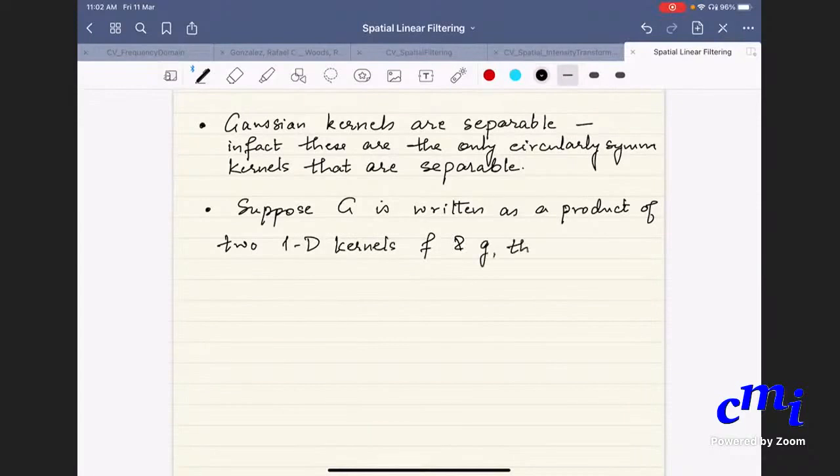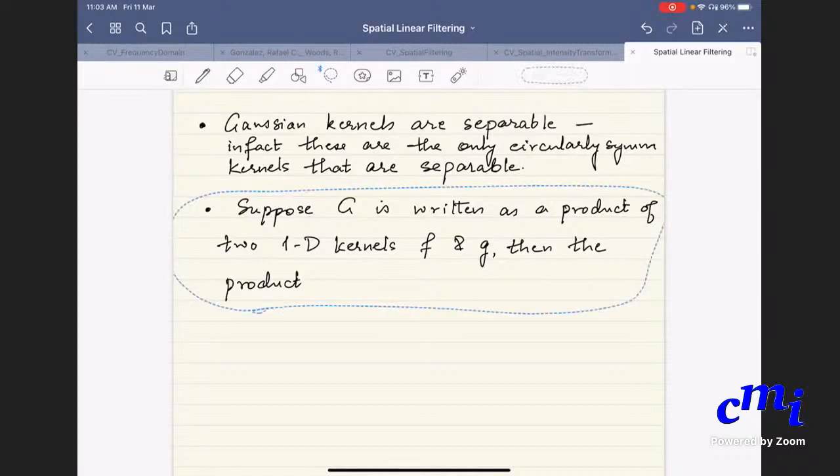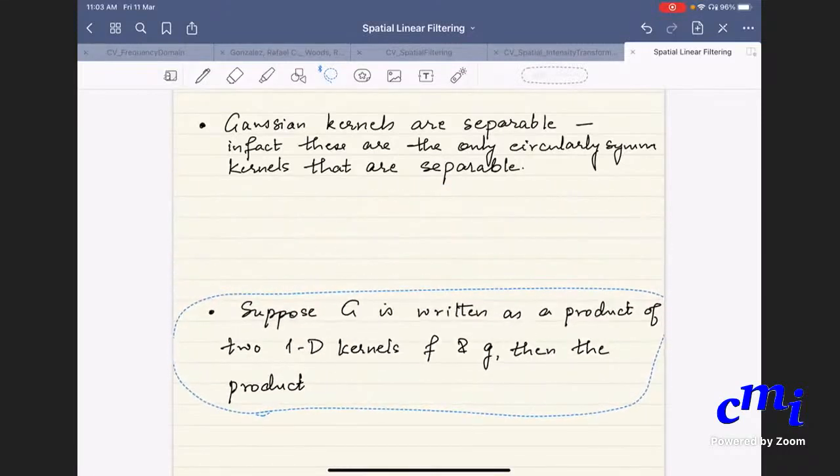Then, I should have said this first: the product of Gaussian kernels, product in the sense of either correlation or convolution of Gaussian kernels, is also Gaussian. I should have added that point first.